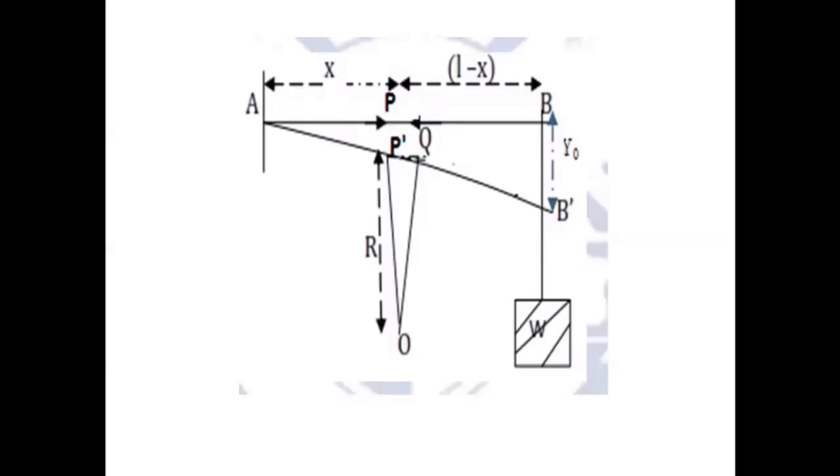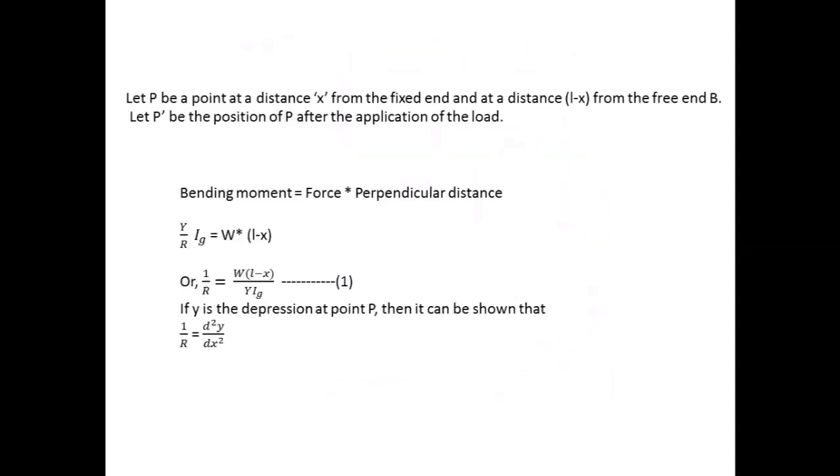If I imagine P dash Q, some other point on the beam AB dash, then P dash Q will form an arc of a circle whose radius is R. So mathematically we can prove that 1 by R is equal to d square y by dx square. The reason for choosing this relation is that on replacing 1 by R with d square y by dx square, we can easily find out y.